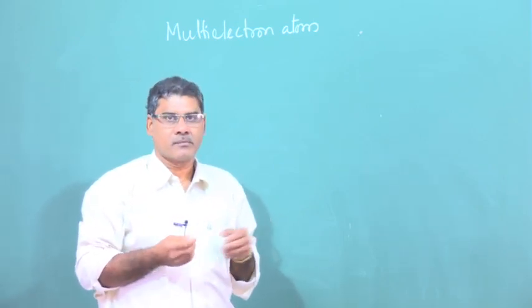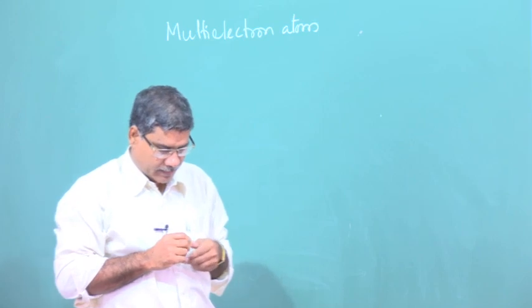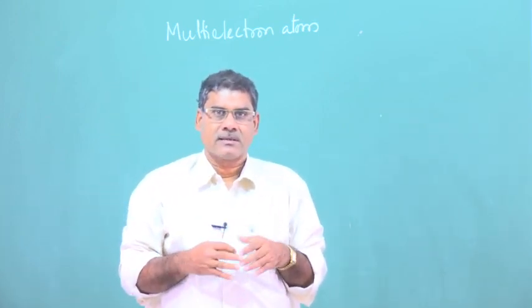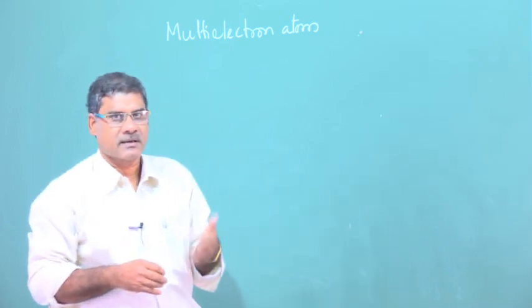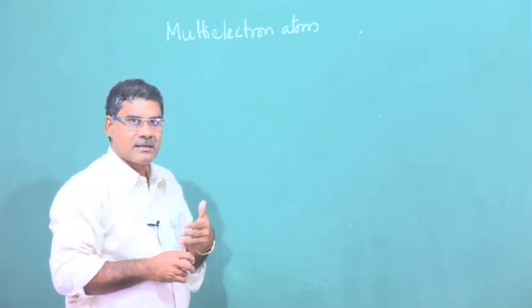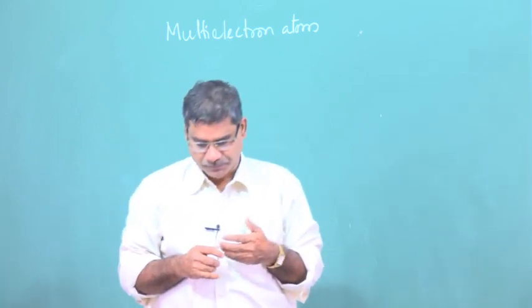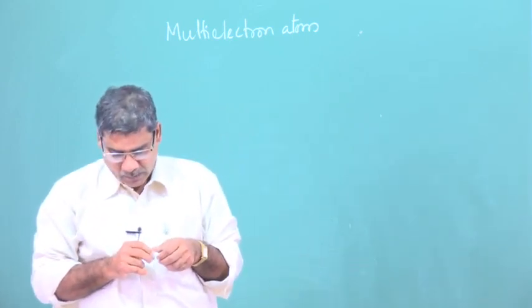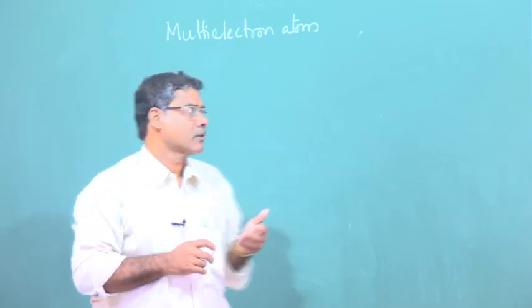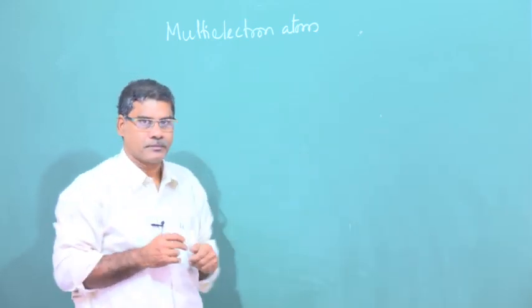So, chromium, copper, etc. Okay. Depending on the number of electrons in the atom, we have different names of atoms. So, we are interested to find out the spectroscopic term for a multi-electron atom.